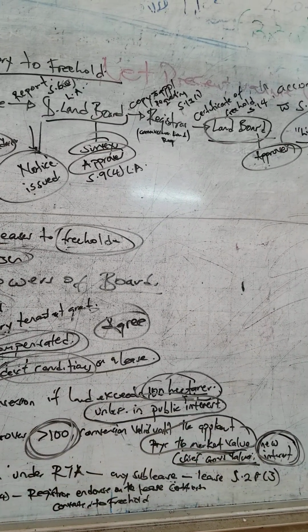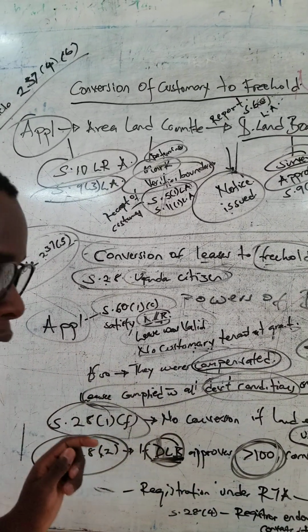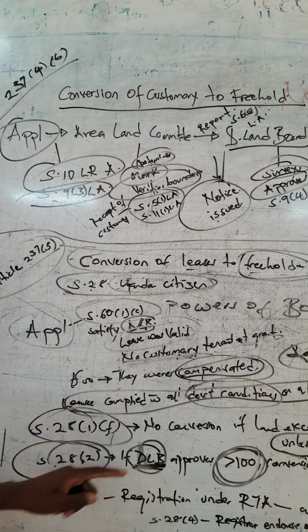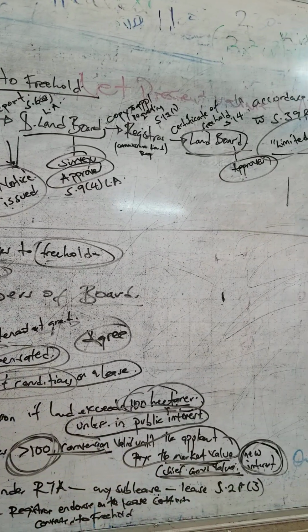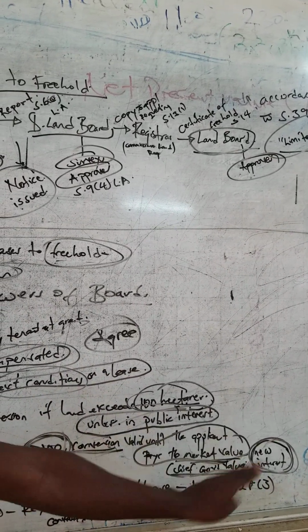You understand? Following section 28, subsection 2, bear that in mind. The onus is on the district land board. You get? The conversion will only be valid if you pay the market value, which is the new interest determined by the chief government valuer.